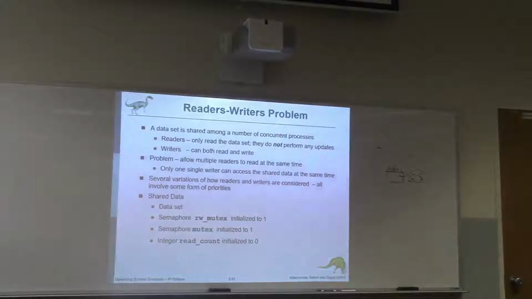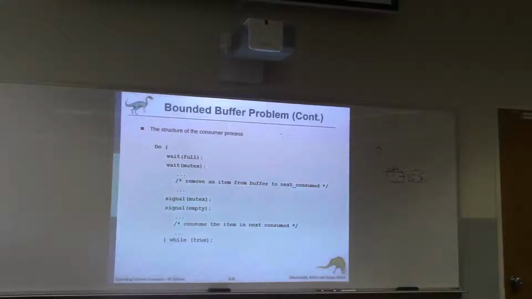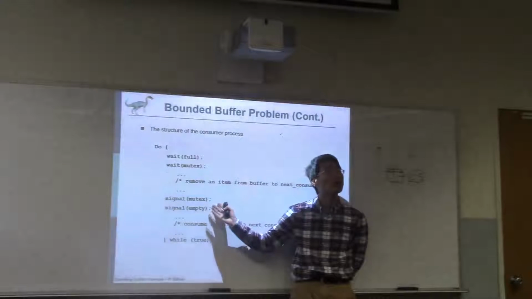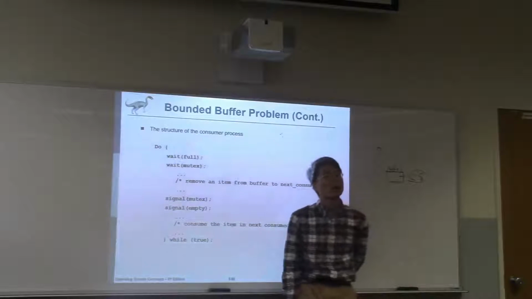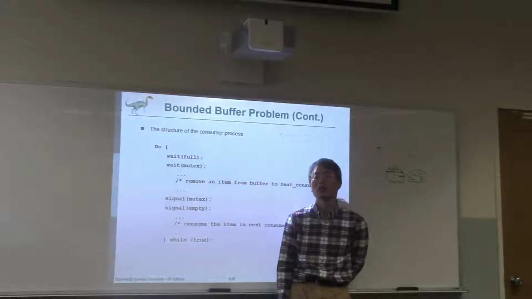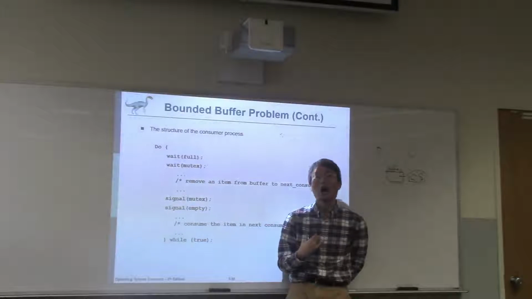So you should keep the pair of wait and signal in your program. When you are working on your application program, are you going to directly use this? Most of the time, no. Because the operating system will automatically take care whenever you read and write the data.